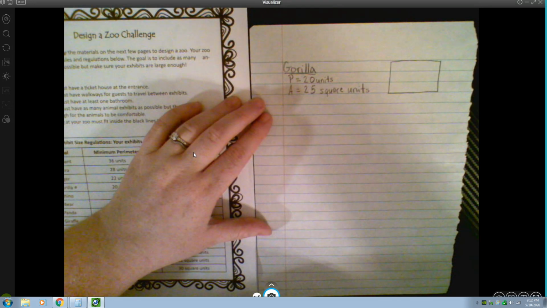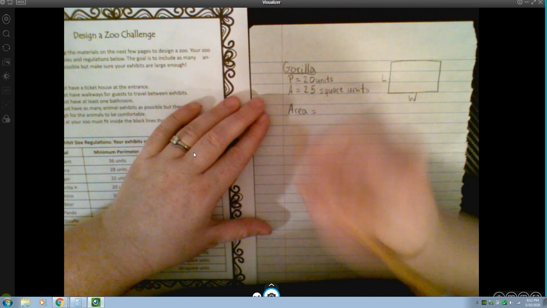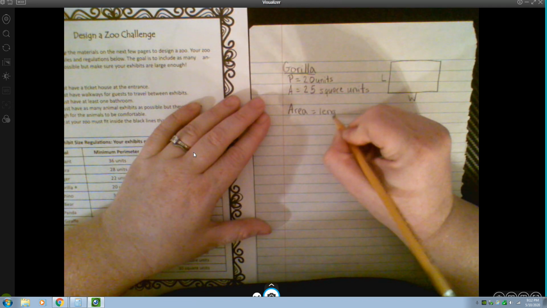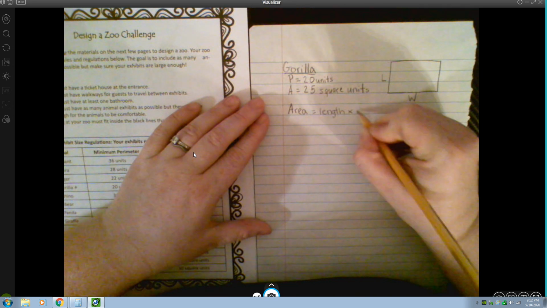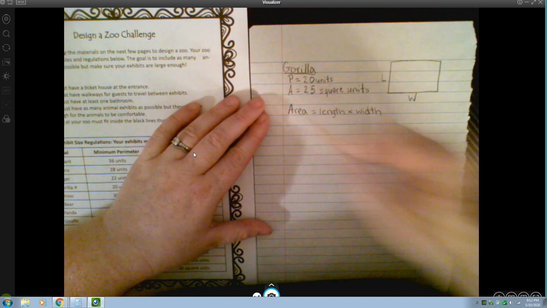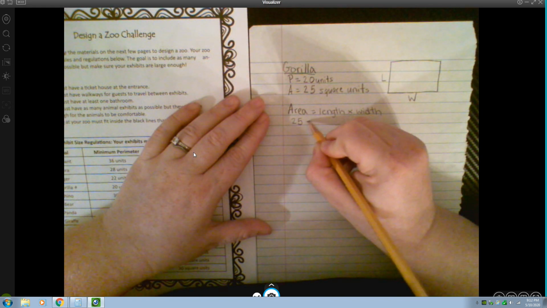So I'm going to start with my area because that's a little easier for me to work with. When I look for area, I need to multiply the length times the width. So I know my area needs to be 25 square units.